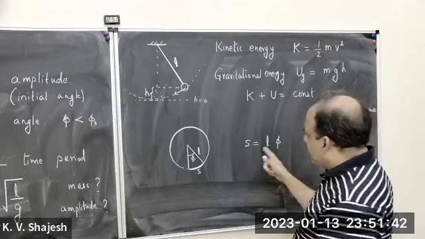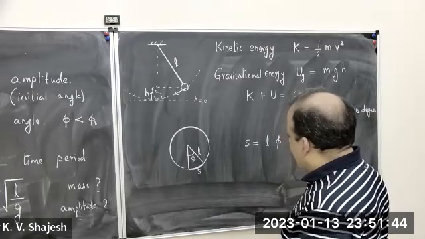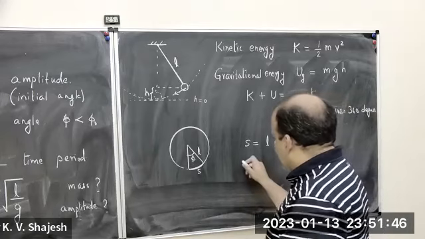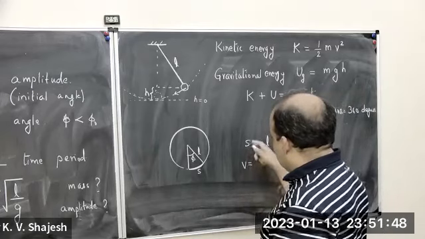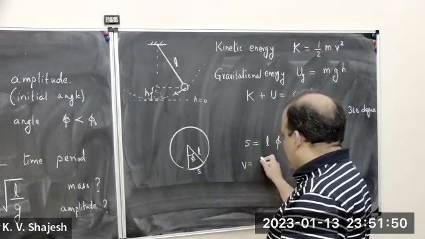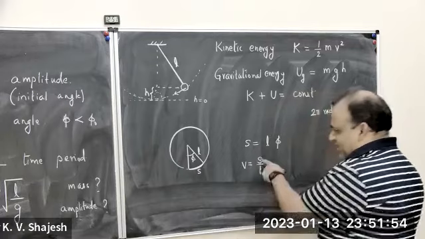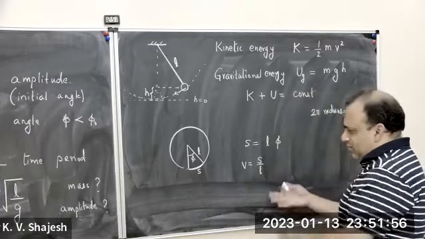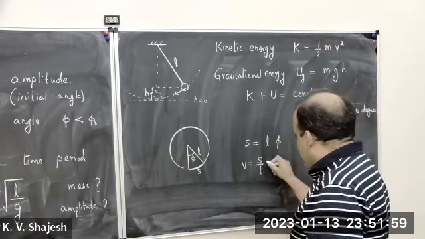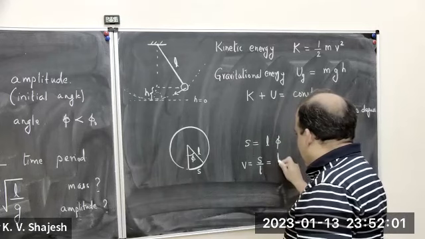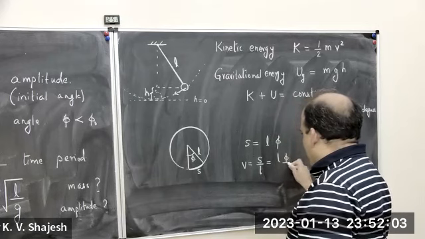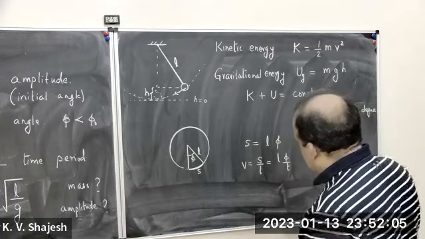So with that relation, if you were to say what is velocity, velocity will be the distance traveled over time. So that's s over t, let's say. You have to say change in s over change in t, but let me just say it is s over t, and this will be L times phi over t.